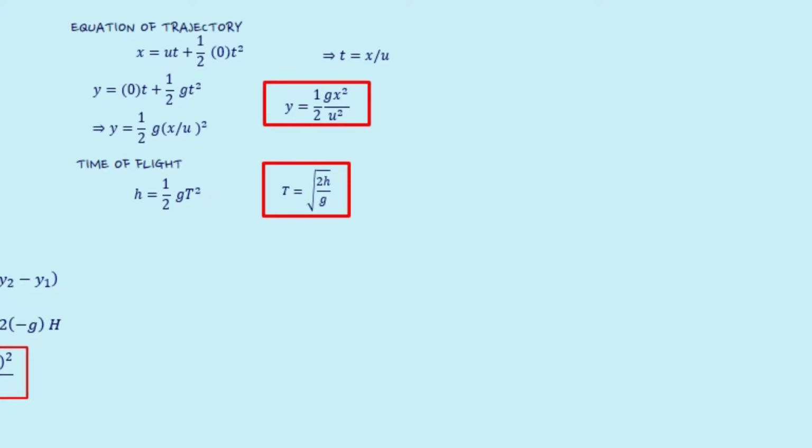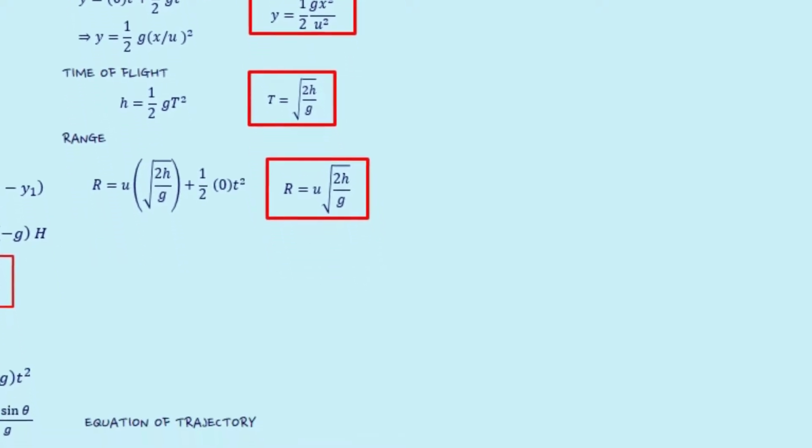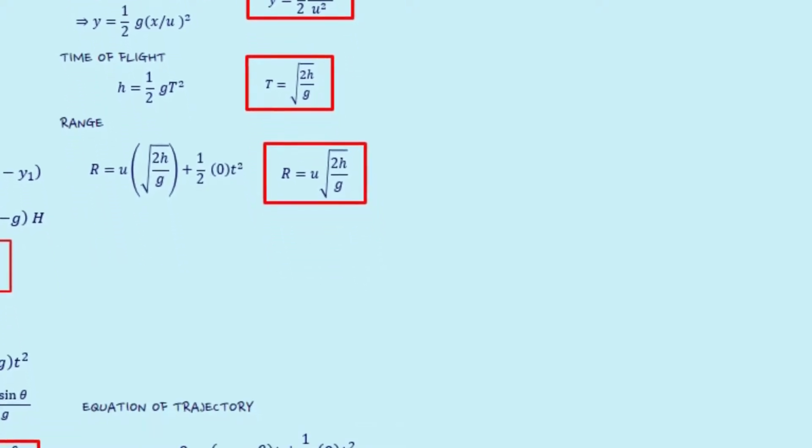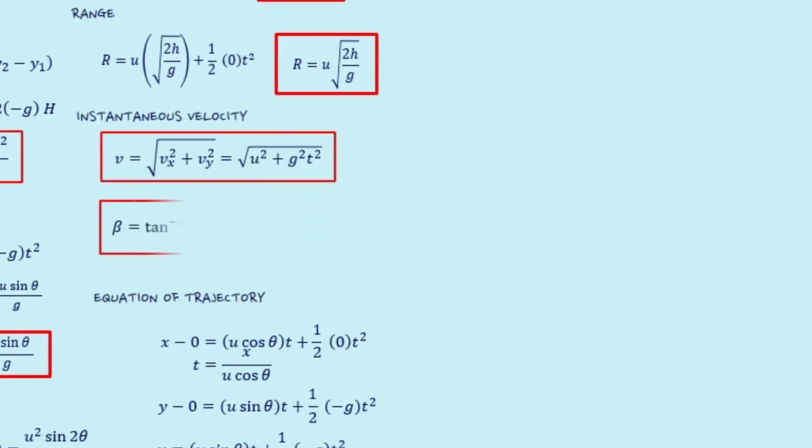Putting the values of other quantities along the y-axis, we can get the expression for time. As the acceleration along the x-axis is 0, we can evaluate the range using the horizontal component of velocity and time of flight. For the instantaneous velocity, we have to evaluate the velocity components at any instant and then, using them, evaluate the expression for its magnitude and direction at the same time.